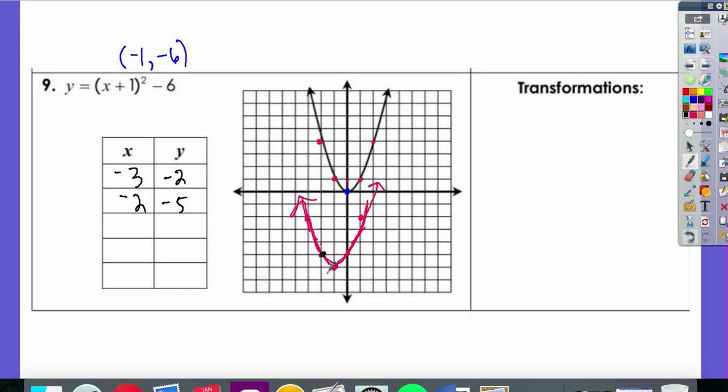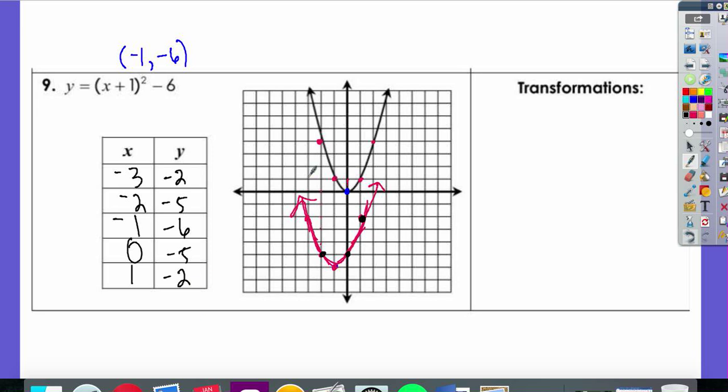Then we've got -1, -6, which was our vertex. Then we've got our other ordered pairs here and here. This one is at 0, -5. And this one's at 1, -2.